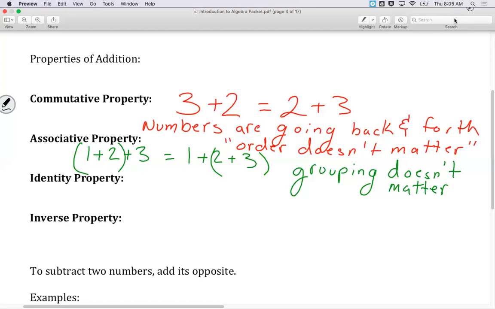And that answer is 0. So my favorite number, I like 5 because it's 1, the day I was born, and also it's the sum of the first 2 primes. So if I have 5, 5 plus 0 equals 5. So 0 is my additive identity.